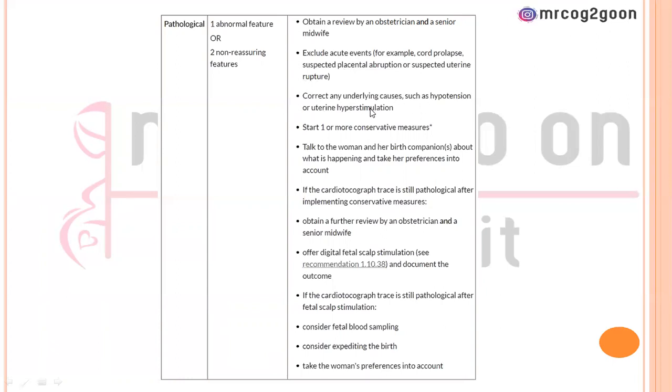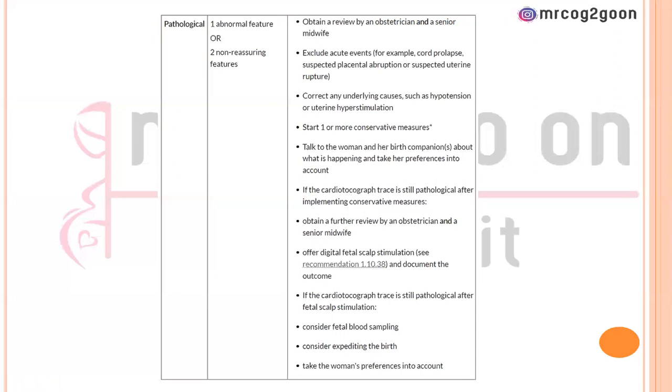Correct any underlying cause like hypotension or uterine hyperstimulation. Start 1 or more conservative measures. Talk to the woman and companion. Keep communicating. And if it's still pathological after all these measures, obtain a further view or offer digital scalp stimulation first.